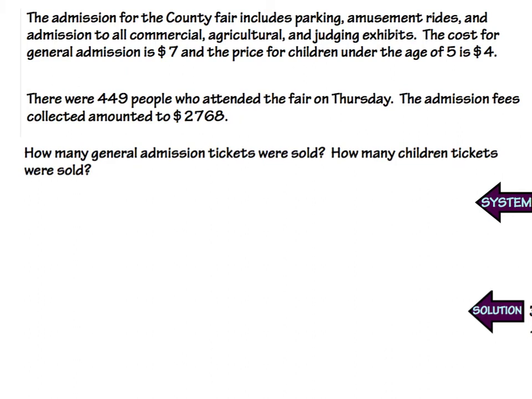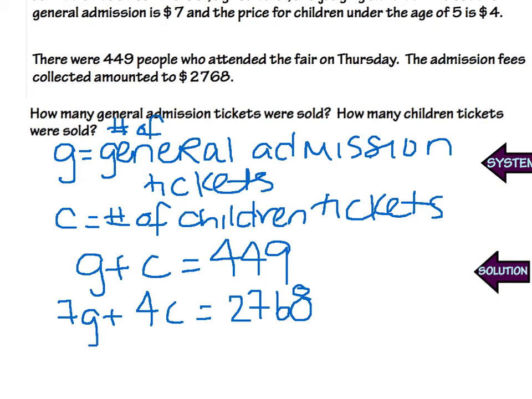Okay, so check your equations, and they should look like this. So, when I wrote my equations, I used G to represent the number of general admission tickets, and I used C to represent the number of children tickets.